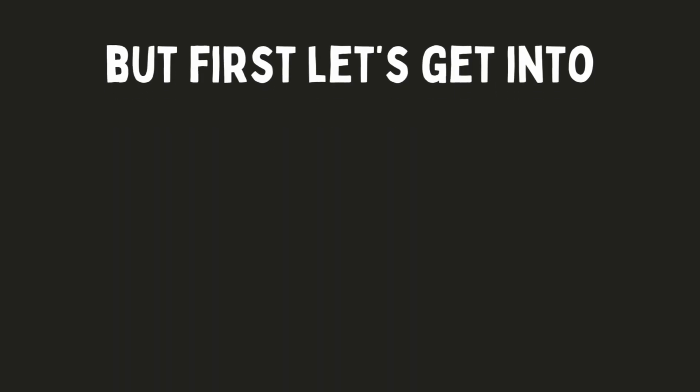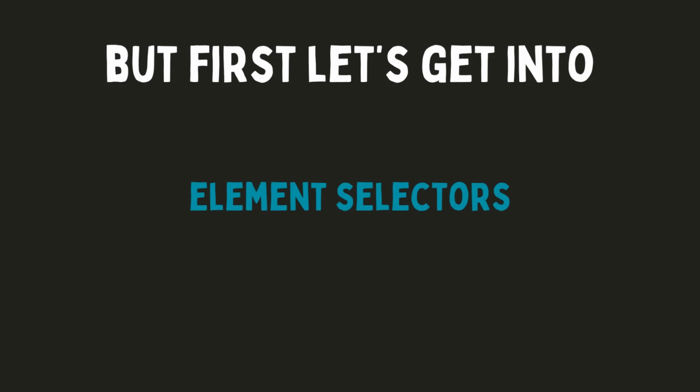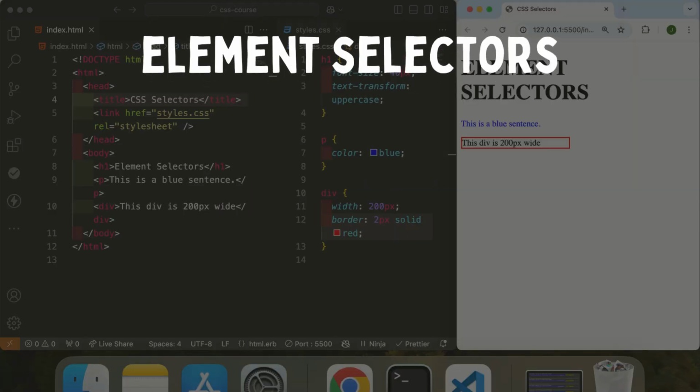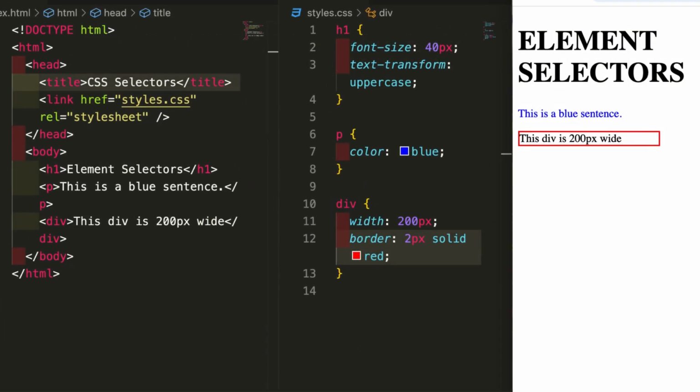But first, let's get into element selectors. An element selector targets all elements of a specific type like P, H1, or div.